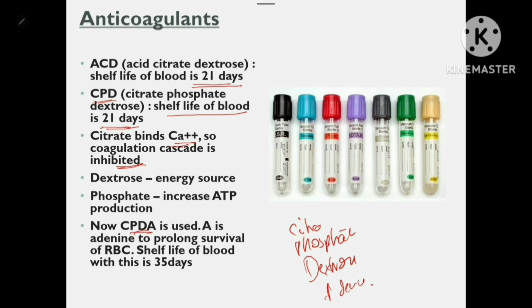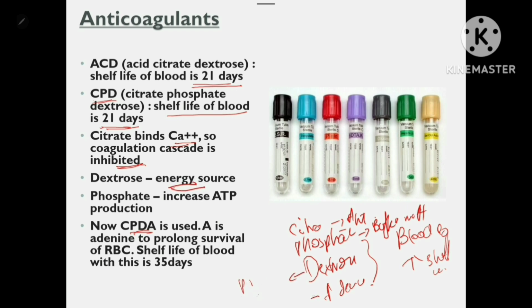So this is usually used nowadays. So where is it used? Basically it is used nowadays in the blood bank. So it will usually increase the shelf life of the blood. So citrate is an anticoagulant, whereas phosphate acts as a buffer to maintain the pH. And also dextrose will provide, as I said, energy as the source. And adenine, as we say, usually promotes the synthesis of ATP.